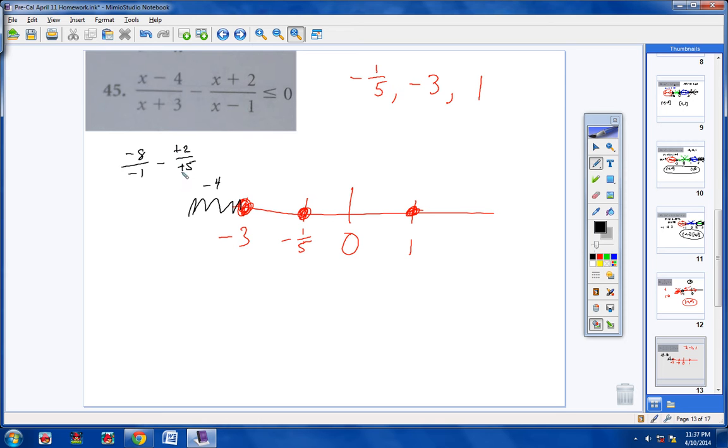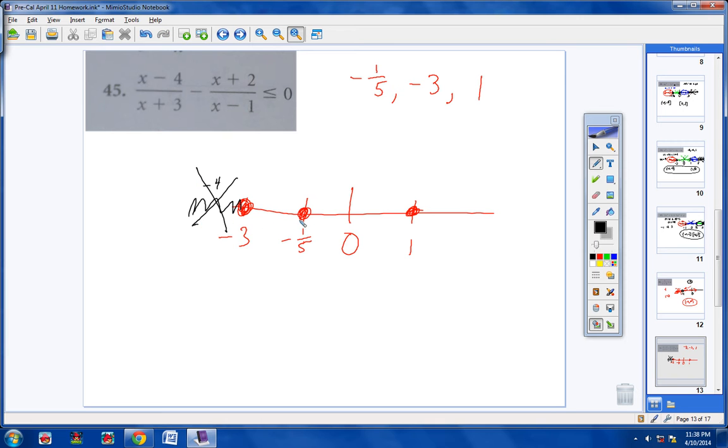That makes the whole fraction positive, and you'd end up with something like negative 38 over 5, I believe, but either way it'll be a positive number. Use your calculator and you'll see you get a positive fraction, and no positive number is less than or equal to 0. So this region does not work.